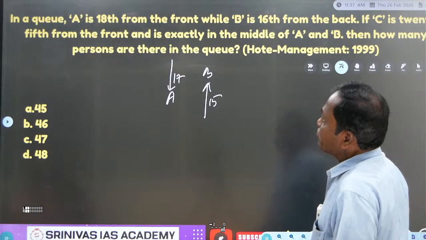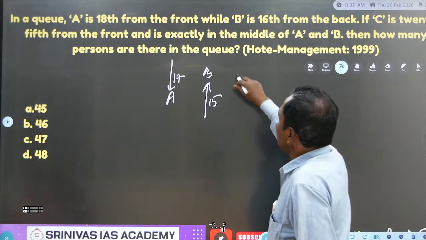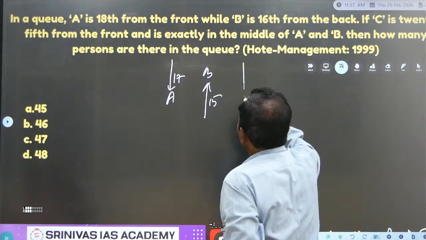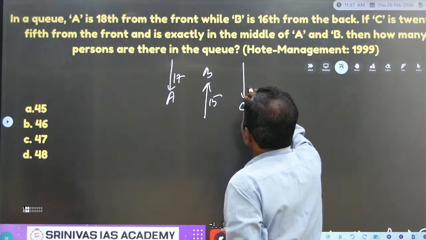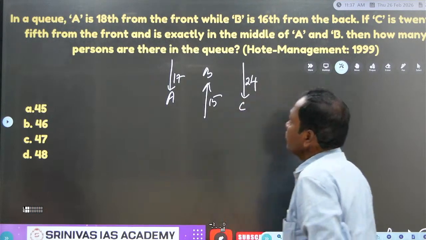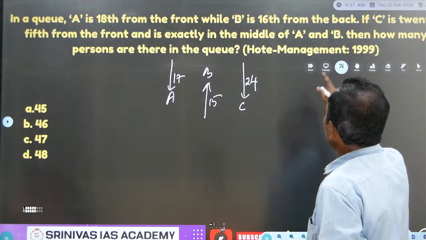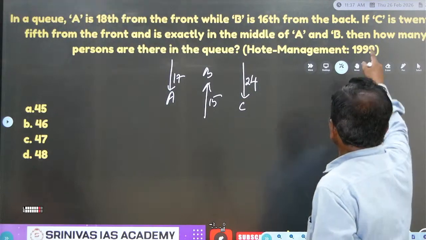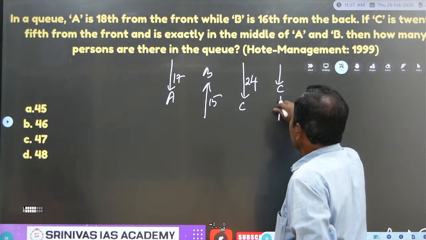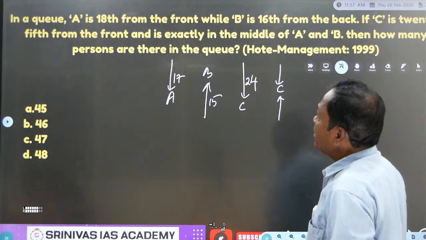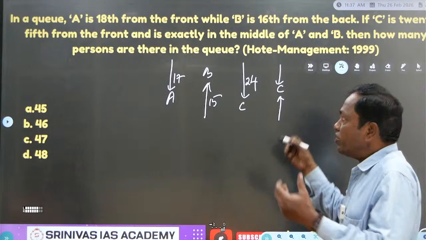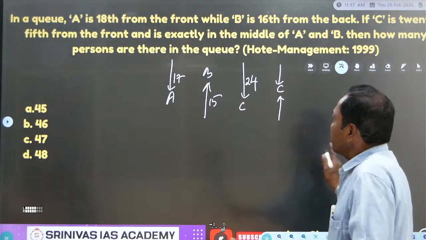If C is 21st from the front, A is 25th from the front, exactly in the middle of A and B. That is the information: C is exactly in the middle of A and B. How many persons are there in the queue? What is the total size of the queue? This is the information we have taken from the question. Now you have to align everything.